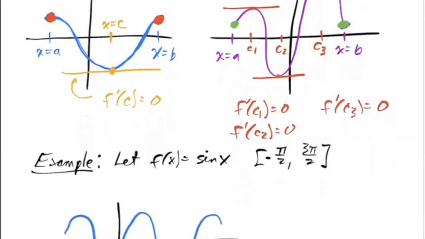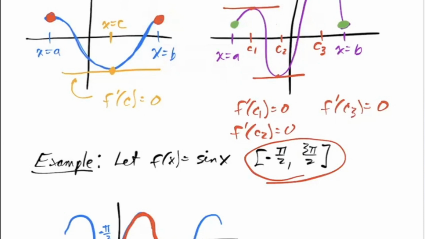And let's put in some values here. This point here is pi over 2. Here we have 3 pi over 2. Here we have negative pi over 2. All right. And so I'm looking at the interval, we said here, from negative pi over 2 to 3 pi over 2. So I'm going from here up like this down to there. That's my function on the interval that we have.